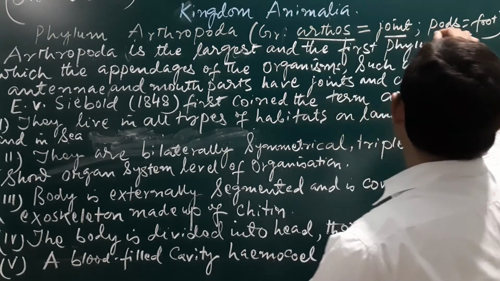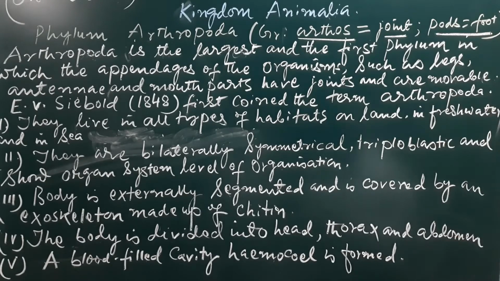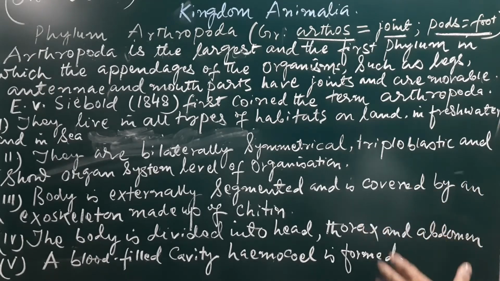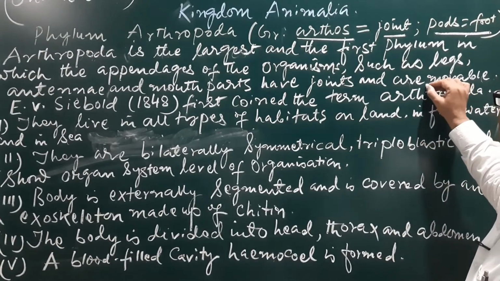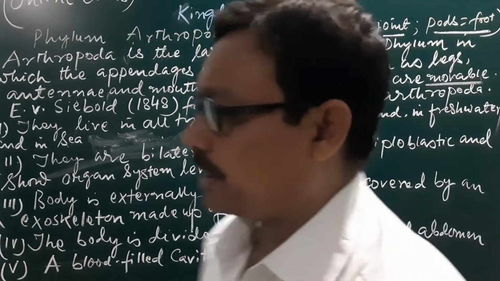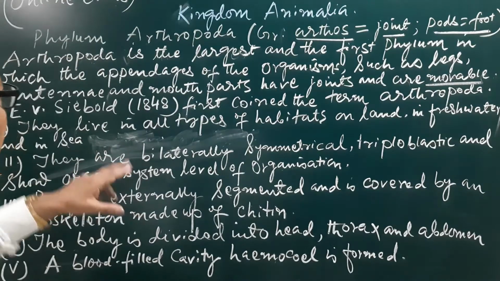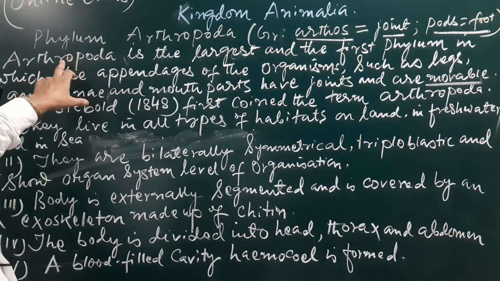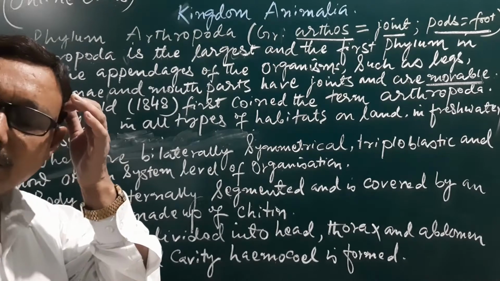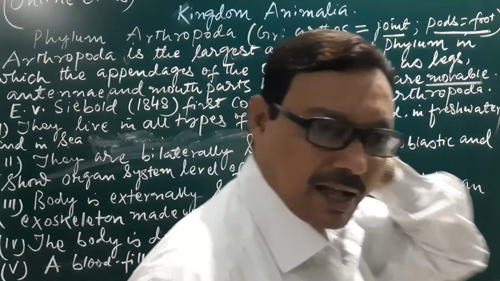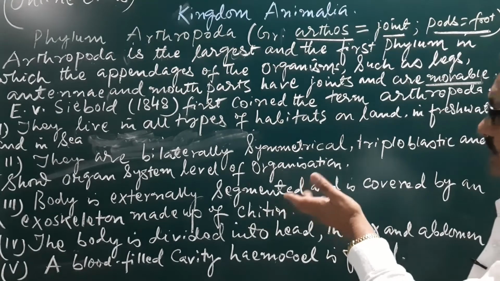Arthros means joint and pods means foot. And these joint-footed animals are able to move their body parts. Understand? That is why it is somewhat more advanced than those which we have left before this.